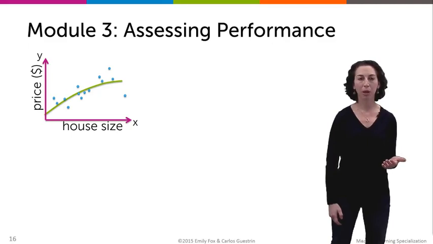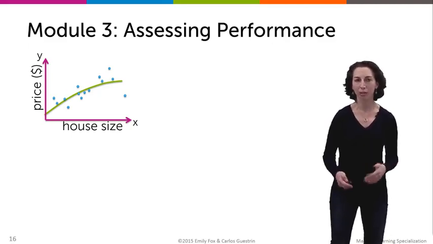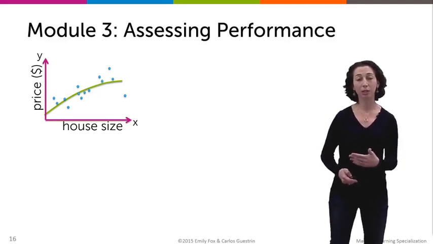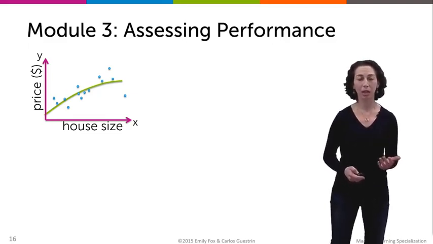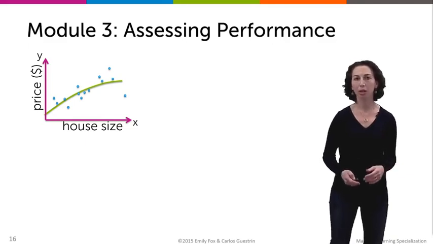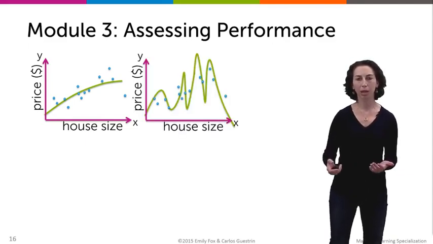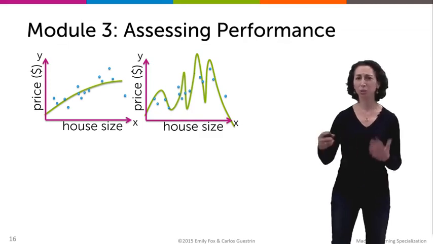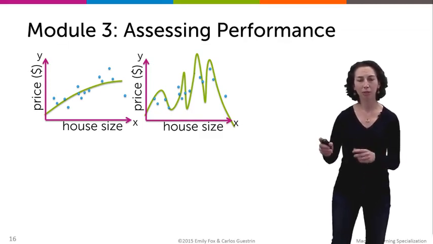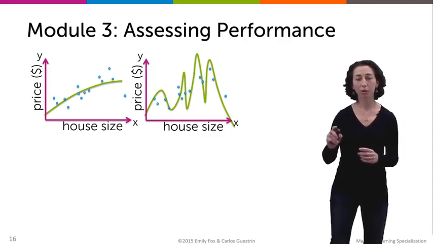Having learned how to fit these models to data, we're then going to turn to how to assess whether the fit is any good, for example, in forming predictions. For example, this fit shown here between house size and house price seems to be pretty good. But if we go to a much more complicated model, we see that it's doing really crazy things. But if you look carefully, this fitted function is actually explaining our observed data, these circles, really well.